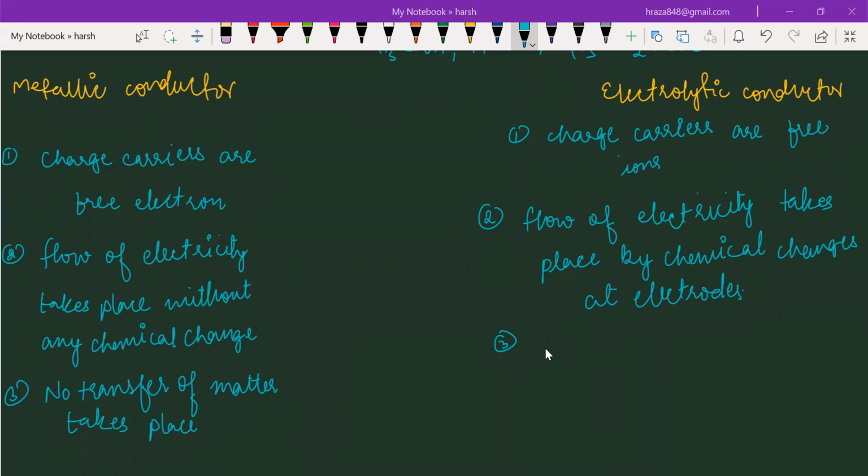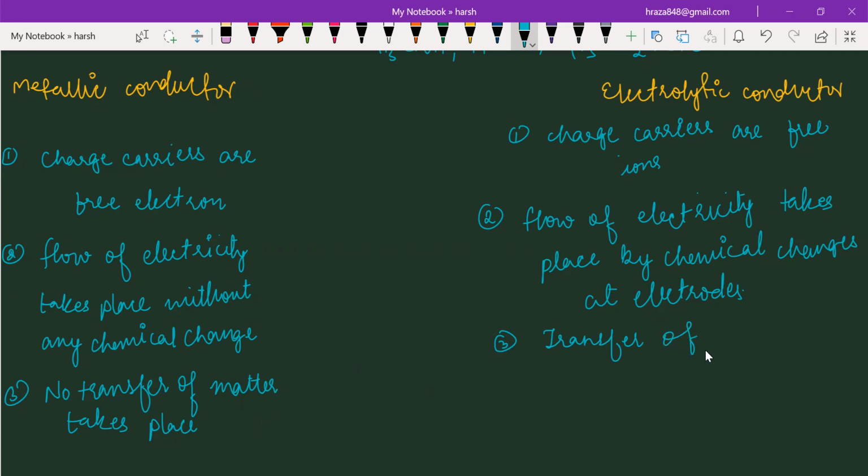I was asking that if you pass current through iron, will there be any transfer of matter? No. So that's why in a metallic conductor no transfer of matter takes place.